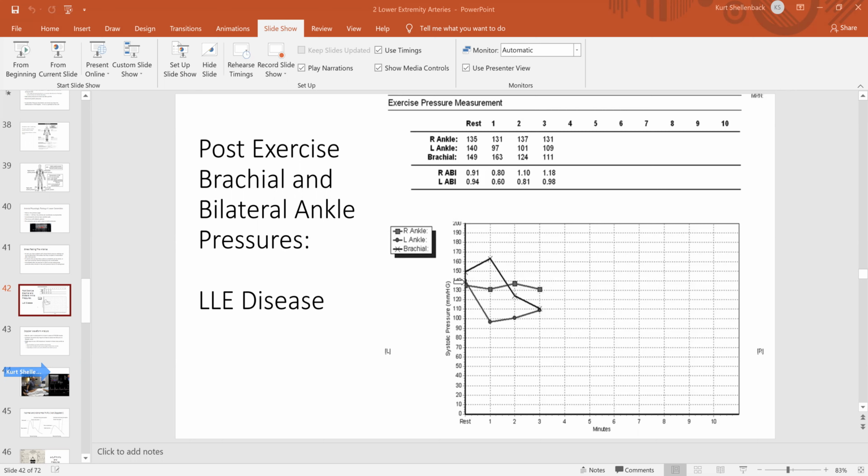This ankle, after exercise stress, dropped from 140 to 97. And then it took time to even get back to 109. We would have to wait for it to come back. This person ended the exam at that point because we already know what the result is. There's something going on in the left ankle, especially after exercise.